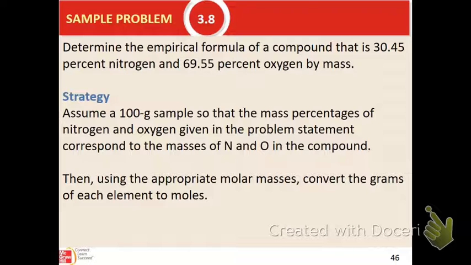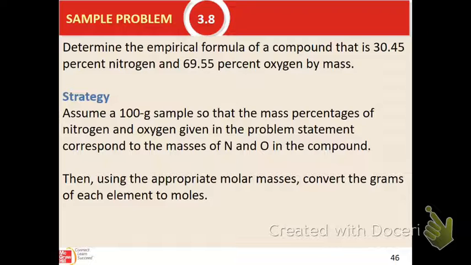Notice what it says. This is in your textbook, by the way, on page 94, I believe it is, where it says, to determine the empirical formula of a compound, it tells you that's 30.45% nitrogen and 69.55% oxygen by mass. Percent means per 100, so we are going to assume 100 grams.